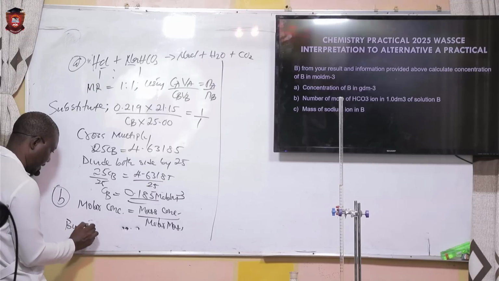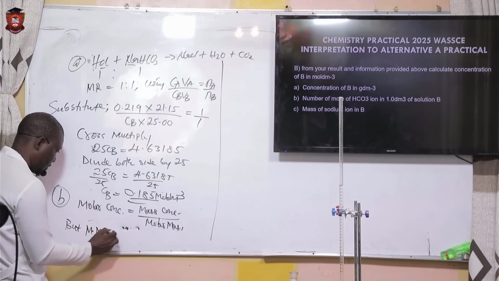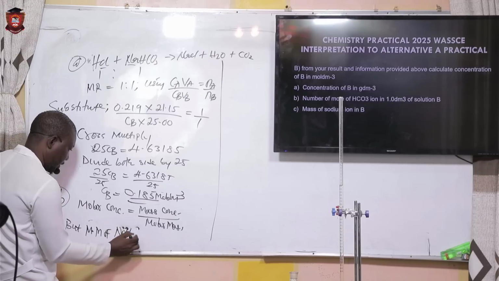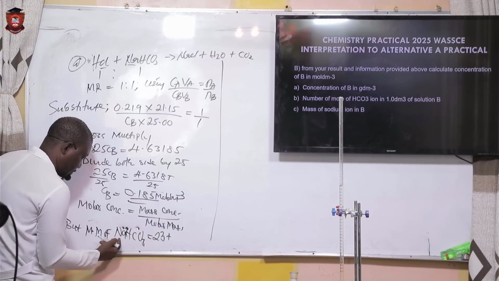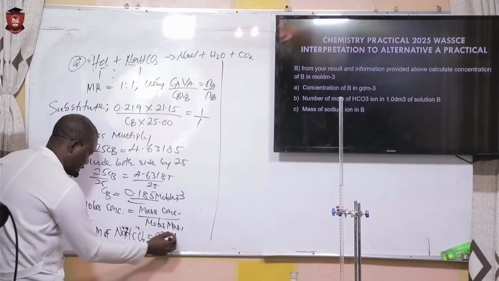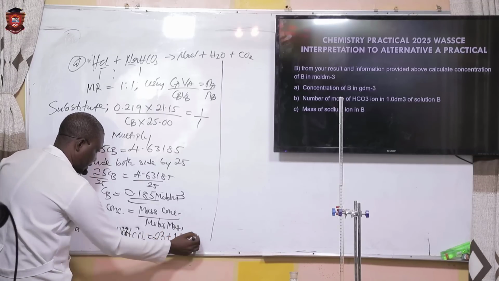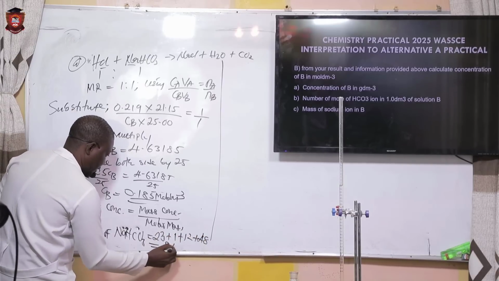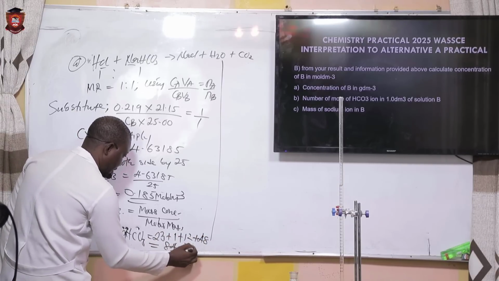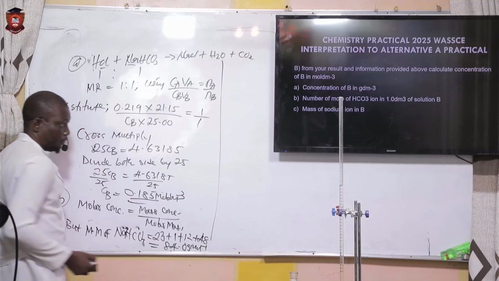Molar mass of NaHCO3 is what? 23 for sodium, plus 1 for H, plus 12 for C, plus 16 times this, isn't it? So everything is what? 84.0 gram per mole. This is the unit for molar mass.